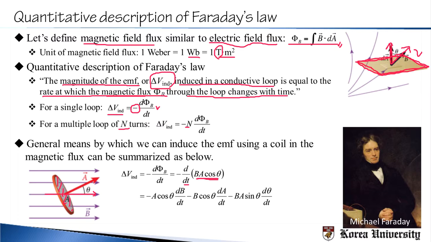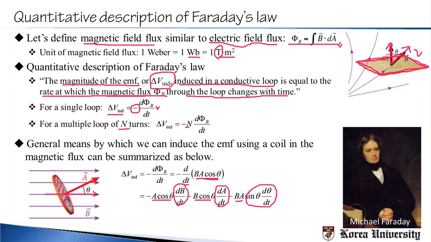Among B, A, cosine theta, first you take a time derivative of B while leaving the other two intact. In the second term, you take a time derivative of A while leaving the other two unchanged. And finally, you take a time derivative of cosine theta, so you get minus sine theta times d theta/dt, and BA will be just left out. Then you make a linear summation.